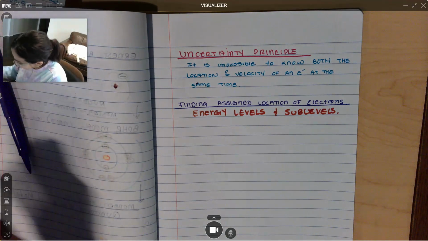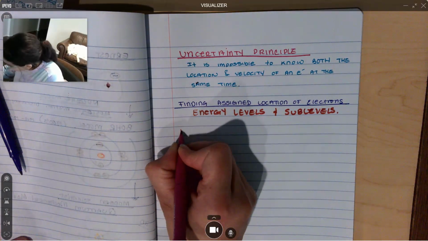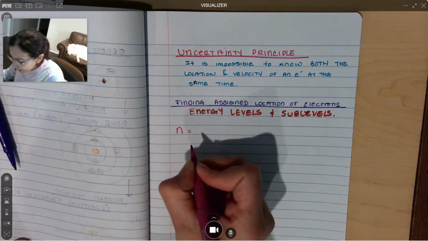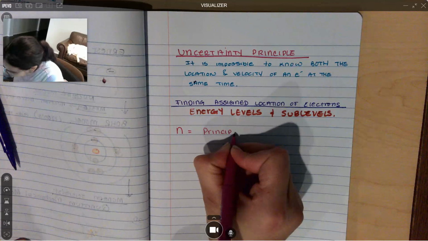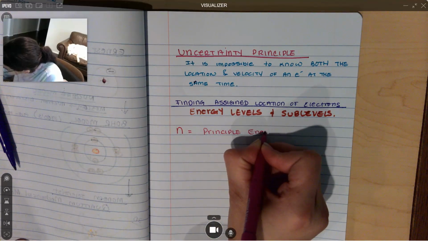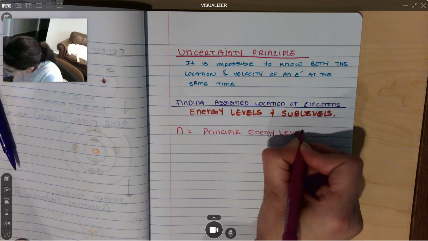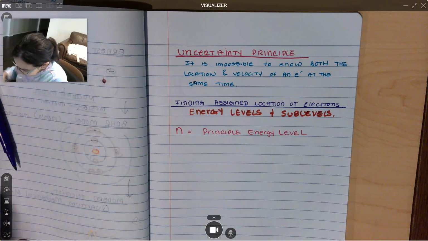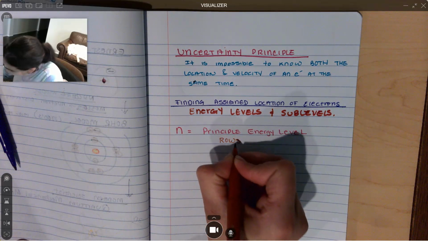So let's go ahead and start introducing what everything is. So you're going to see the symbol N. N stands for the principal energy level. It's the principal energy level. And these energy levels are the rows that you see on the periodic table.